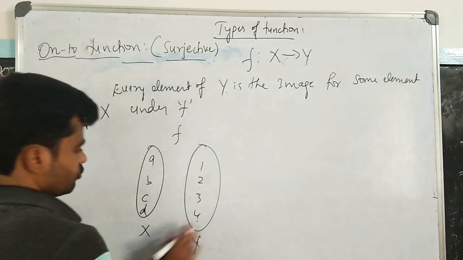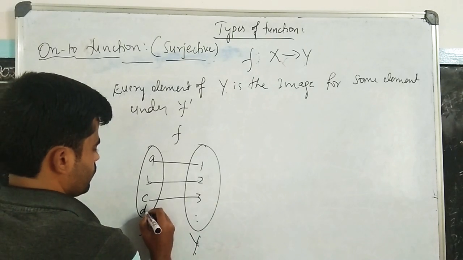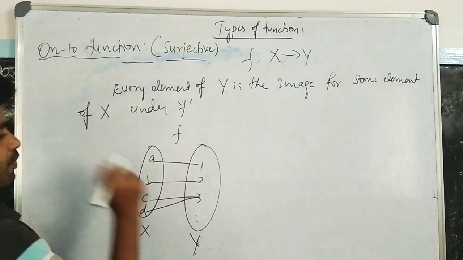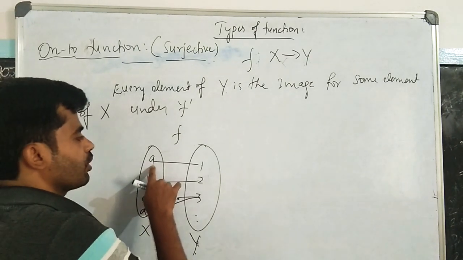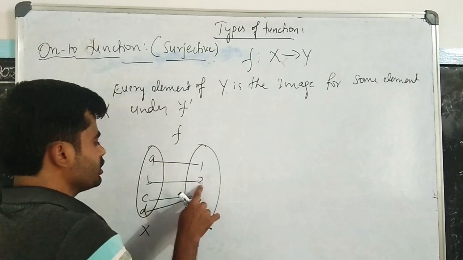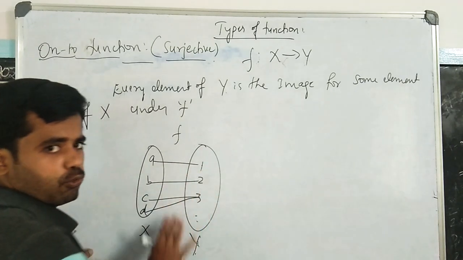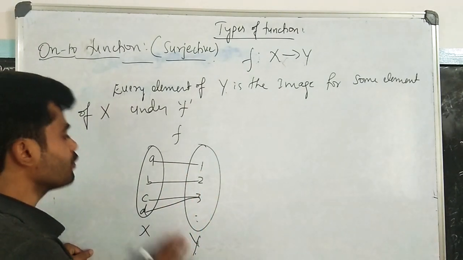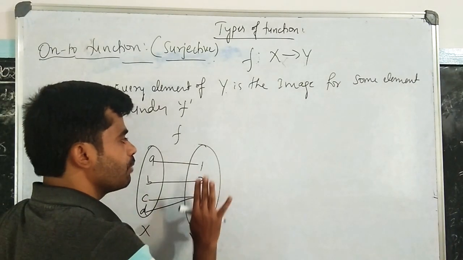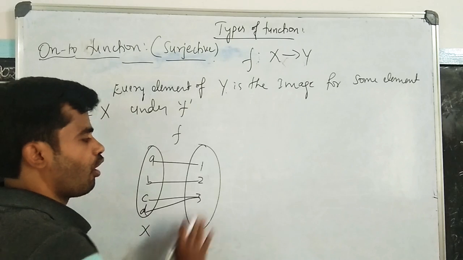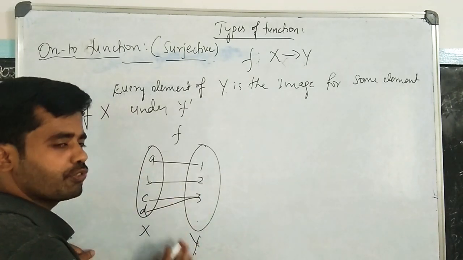Here 1 is the image for A, 2 is the image for B, 3 is the image for C and D. Every element of Y is the image of some element of X. It means that there is no free element in the codomain. Every element must be an image for some element. There is no free element.